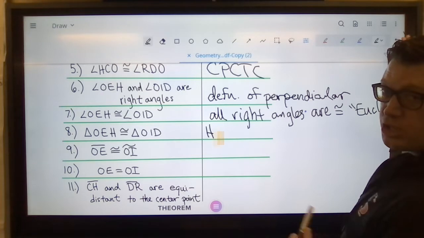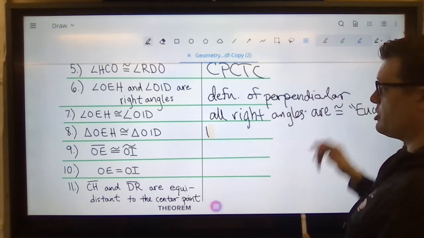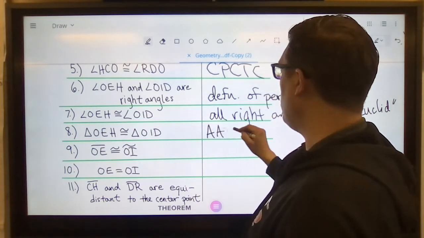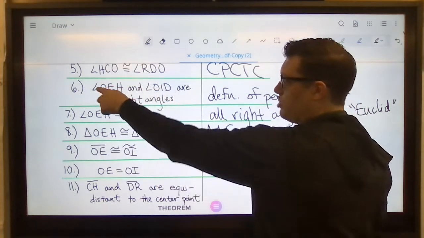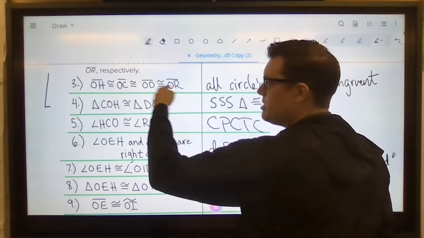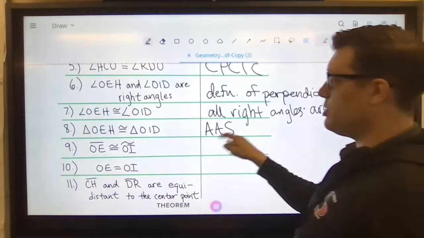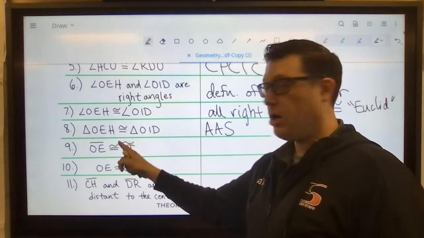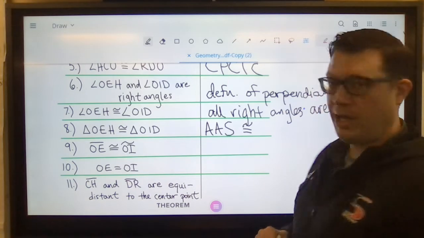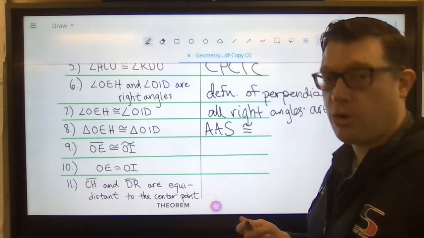I love having technology. I'm sorry that you don't. Hashtag also not sorry. By angle, side. So the angles, and then the fact that they have sides in common tells us that the two triangles, OEH and OID, are congruent. So the angle, side congruence theorem is what's doing that.